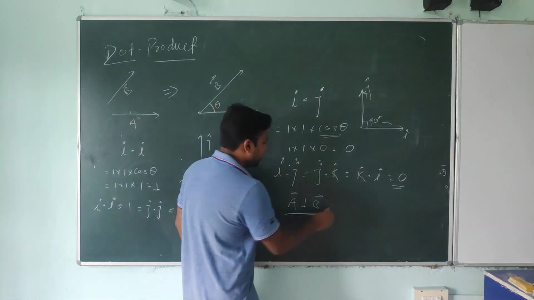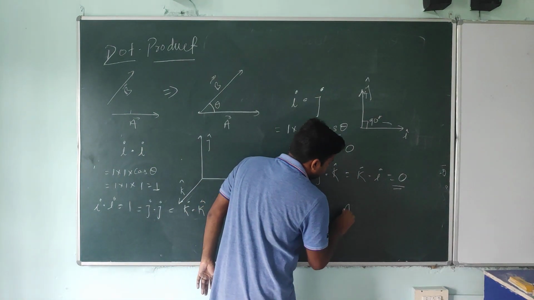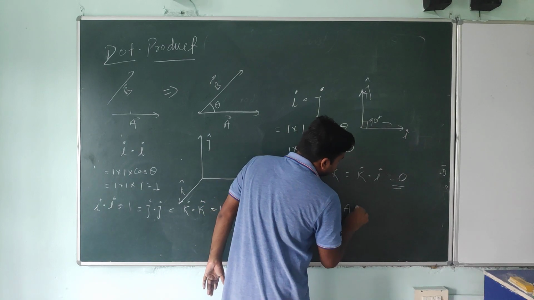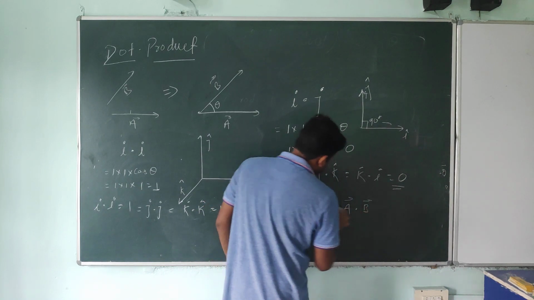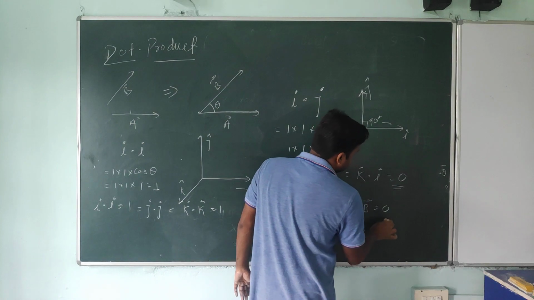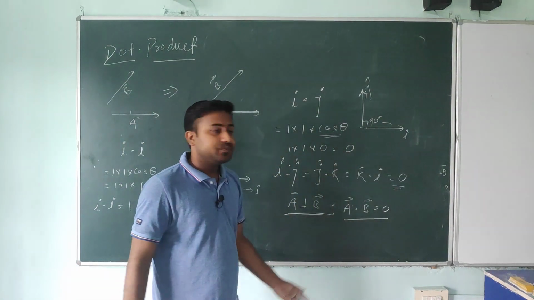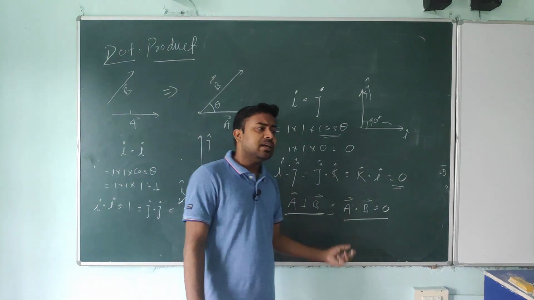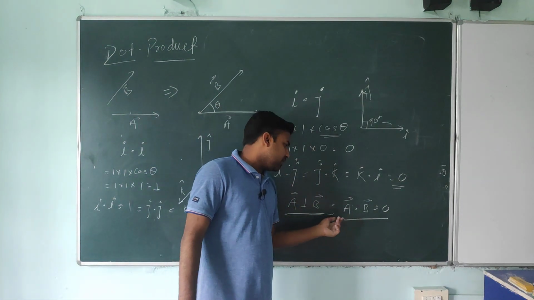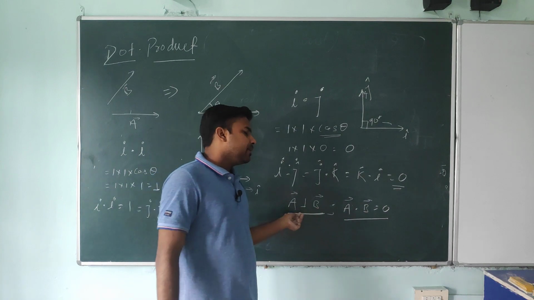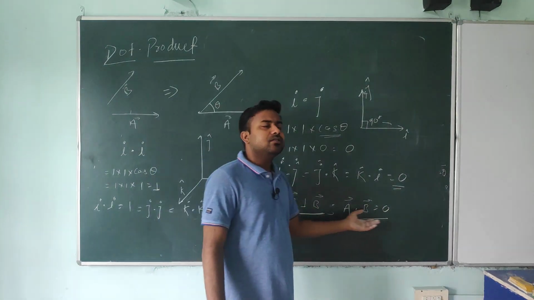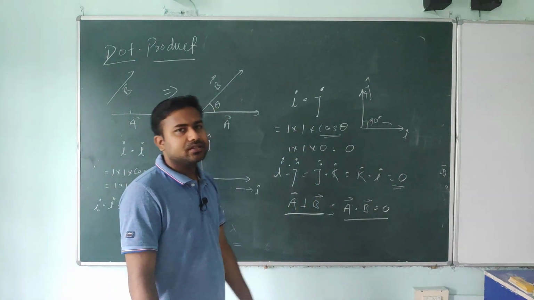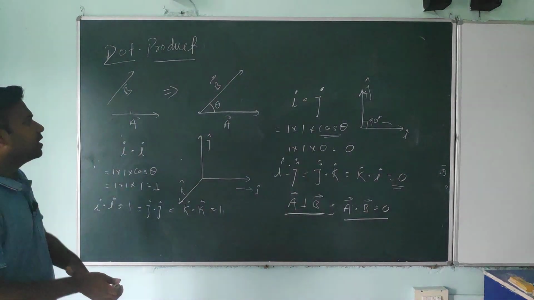So what you will get is a dot b is equal to 0, and vice versa is also true. If a dot b is 0, it means both vectors are perpendicular to each other, and if a and b are perpendicular, the dot product you will get is 0. Okay students, now you understand.